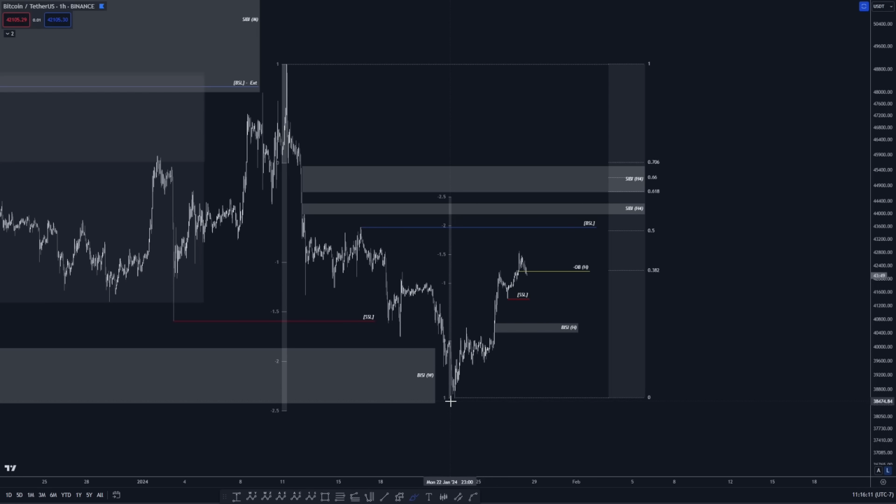But due to the structure being an impulse structure, I can really only see this being an impulse, either for an A wave or for a wave 1. Therefore, after this impulse, we expect a retrace, a 3-wave move.